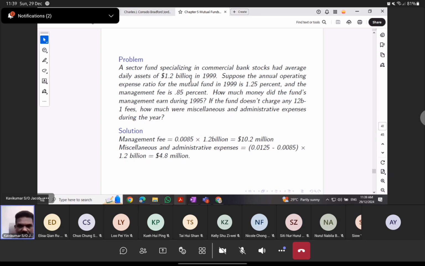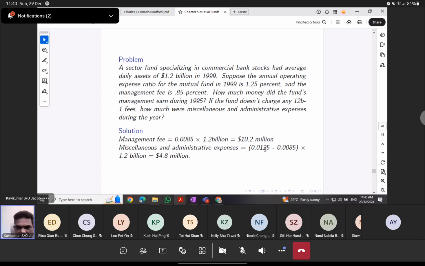So the management fee is 0.0085 of the 1.2 billion, so 10.2 million is the management fee. And the miscellaneous and administrative expenses: the expense ratio is 1.25%, minus the management fee, because the management fee is included in the expense ratio.